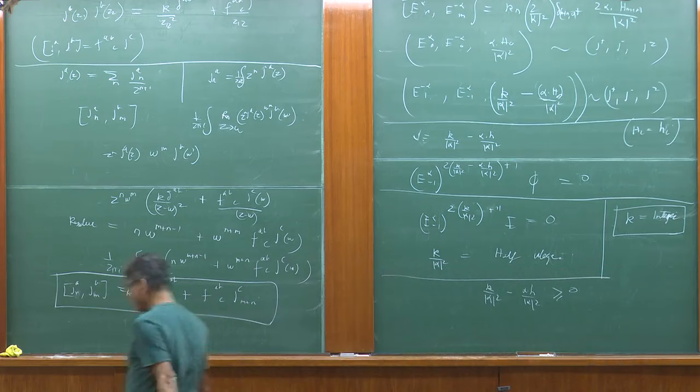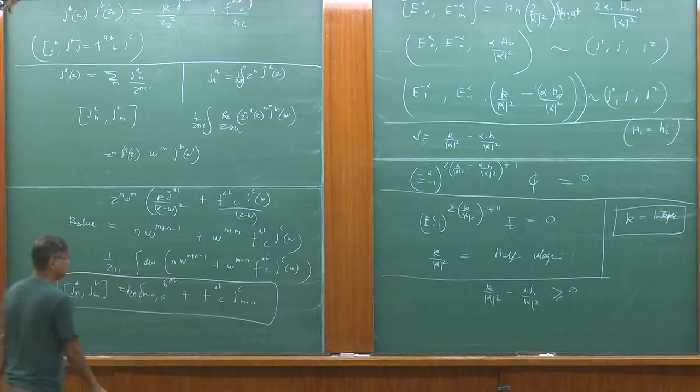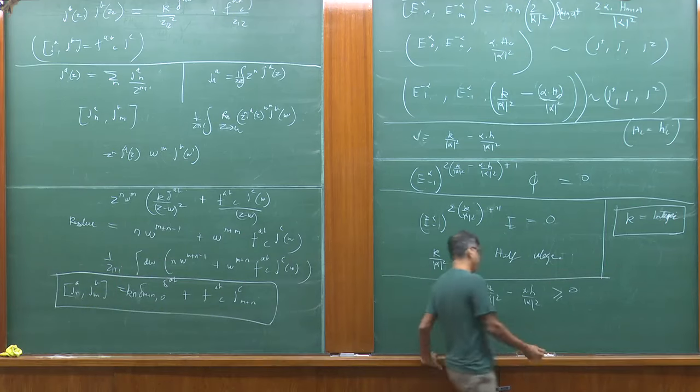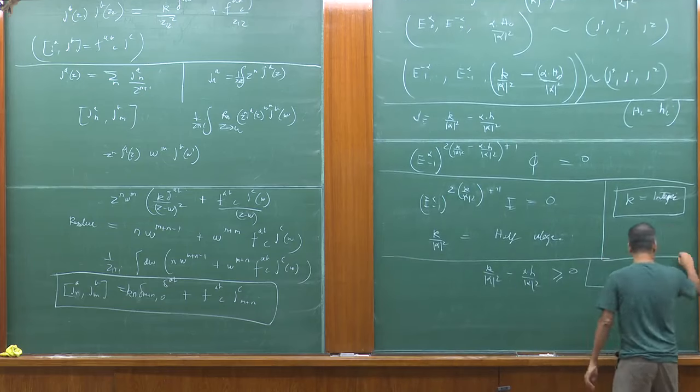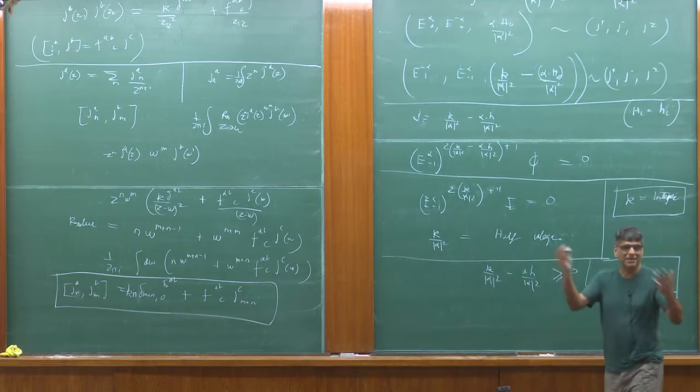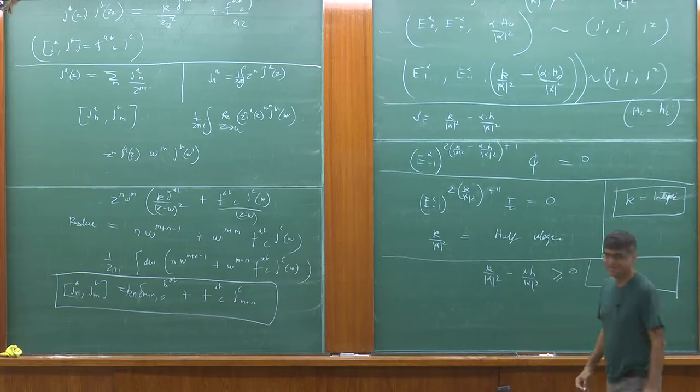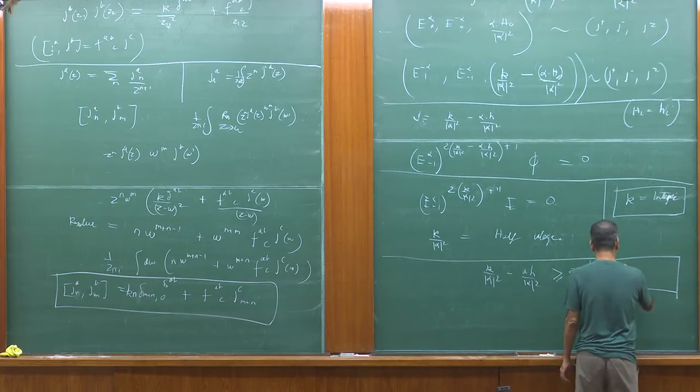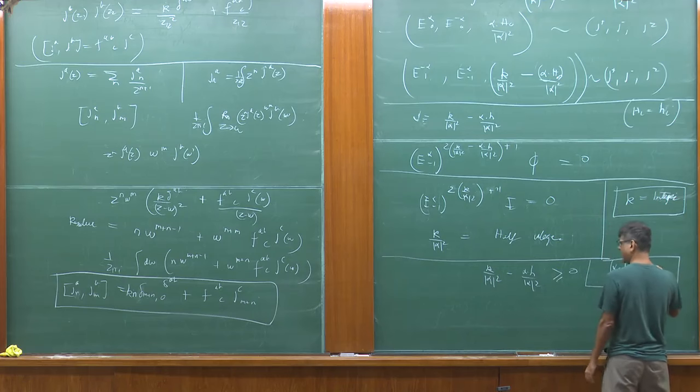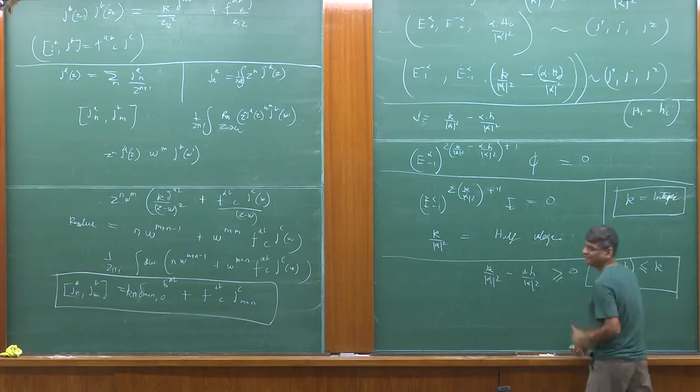And so we conclude that all representations that appear in a unitary manner in this theory have alpha dot h less than or equal to k.